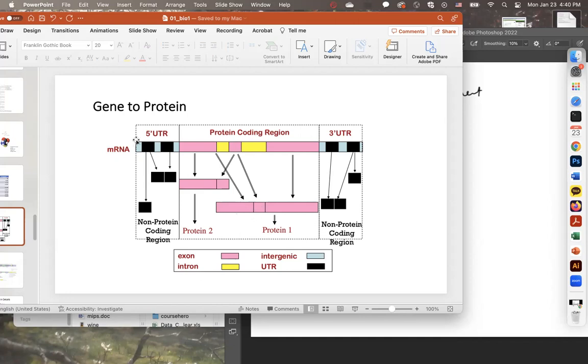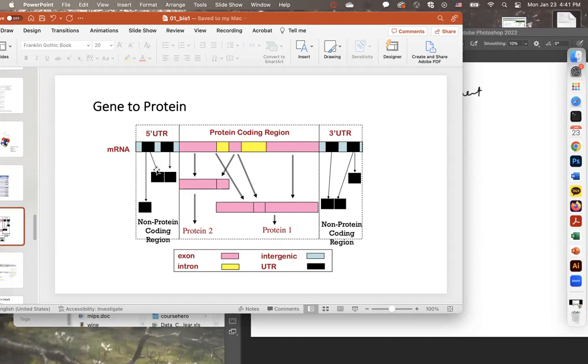So in a given gene, not the entire gene sequence is coded or involved in protein manufacturing, and in particular, the first part, which is called UTR, untranslated region.